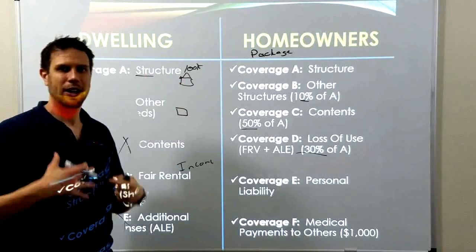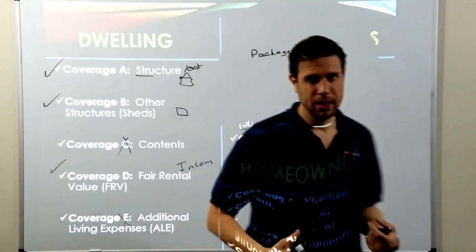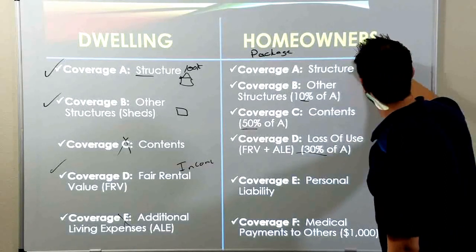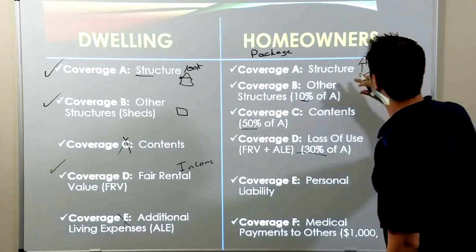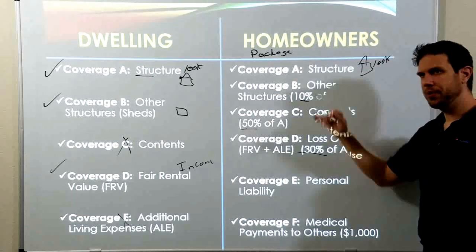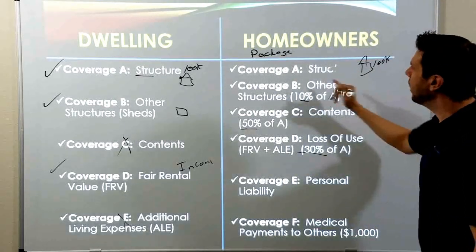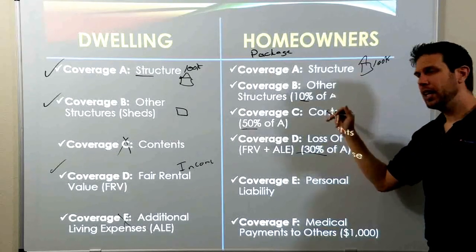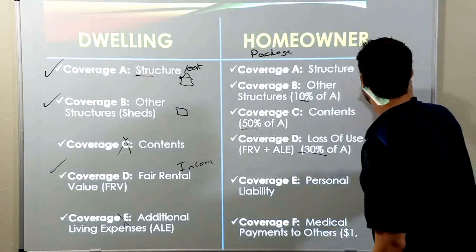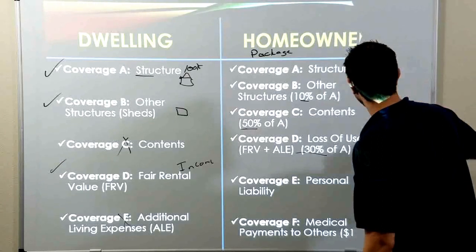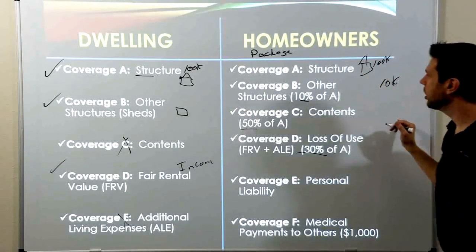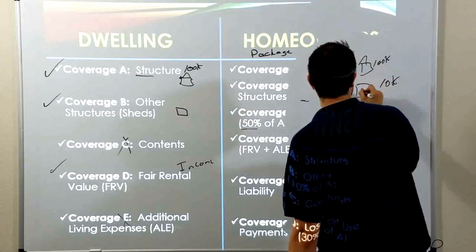So like if it's a house I live in, my regular house, and it's worth $100,000, I'd insure coverage A for $100,000. If I have a shed, I automatically get coverage B for a minimum of 10%. So since my house is worth $100,000, my shed is covered for automatically $10,000.